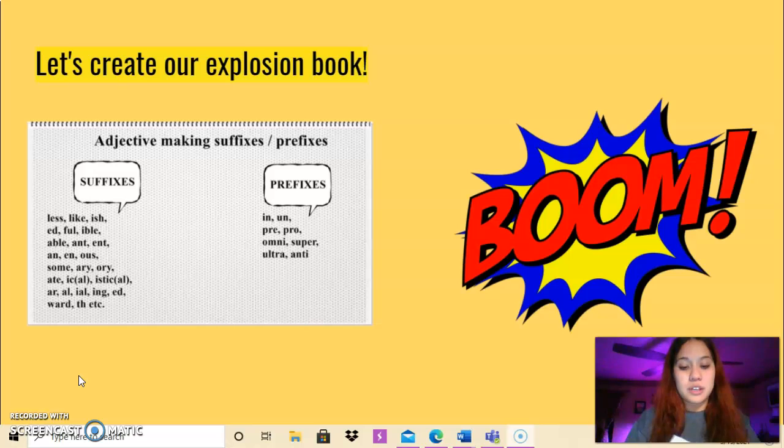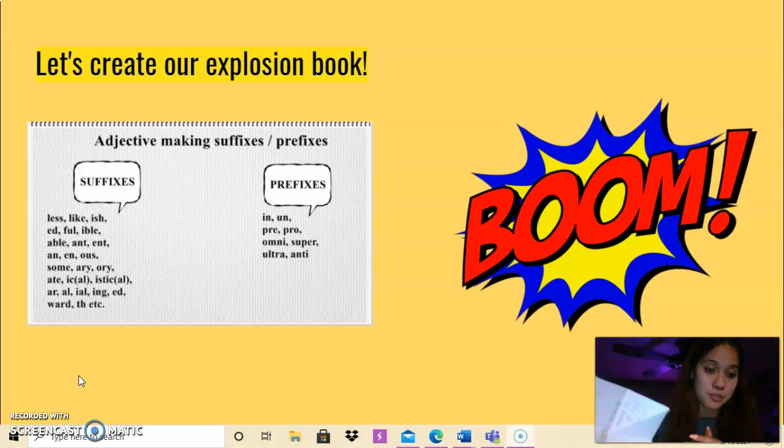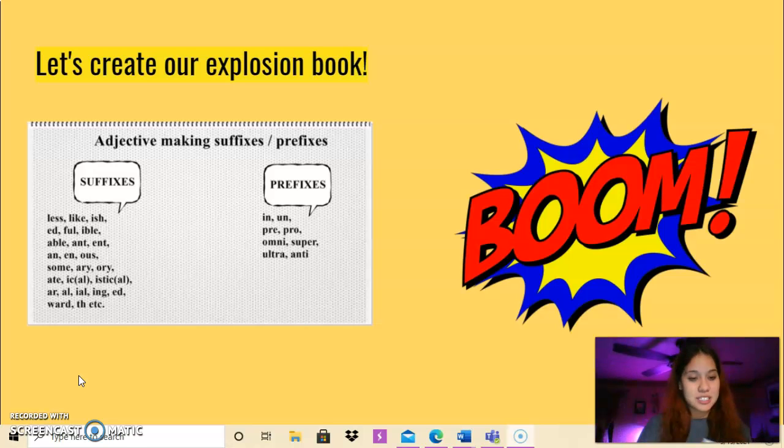So we're going to be writing on it once you guys get that done, and I'll be helping you throughout the way. The first opening, we will be answering what is an affix in your own words, and we discussed this on the first slide of this PowerPoint. So if you want to go back and review that to answer this question to the best of your abilities, we're also going to decorate it however you want to.